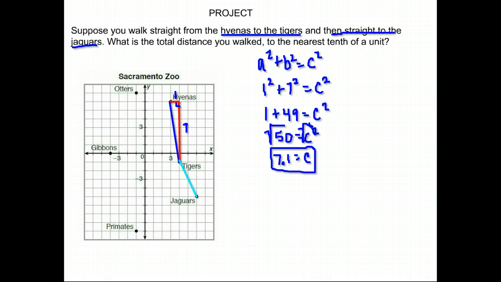So instead of going straight there, we take a look at what it would look like if, instead of going straight, we went down till we're even with the jaguars and over. Okay, so here is our right triangle. Notice the bottom has 2 squares, and this side is 1, 2, 3, 4 squares.